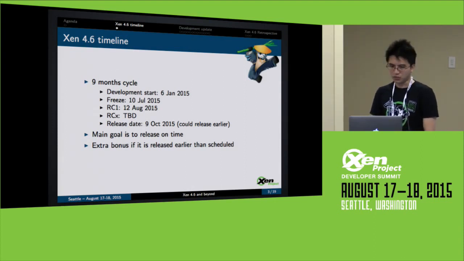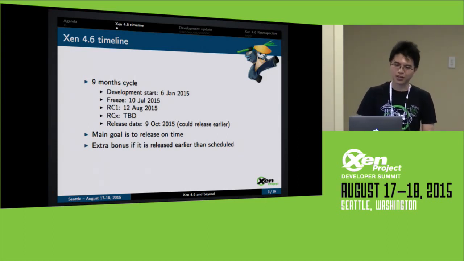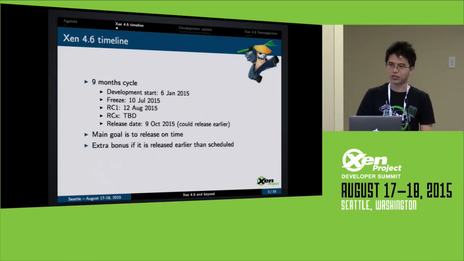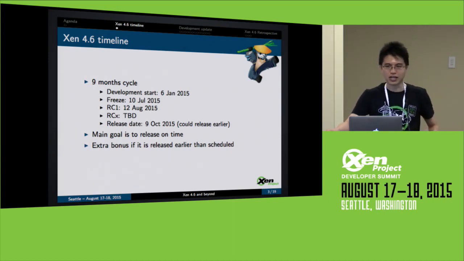The main goal of this release cycle is that we release on time, because during the last release we slipped quite a lot. In 4.5 the actual release cycle was like 11 months, which was a bit too long in my opinion. So when I picked up this job as release manager, my main goal was to get this release out the door on time.